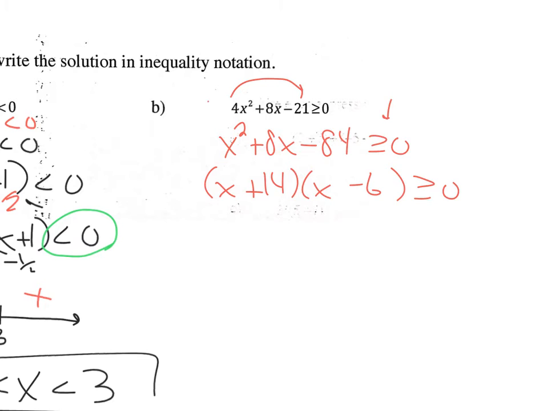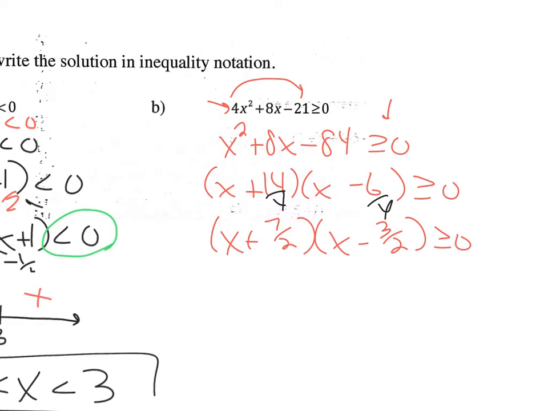But don't forget the 4 here. We've got to divide by the 4. So I'm dividing that by 4 and that by 4. Now one thing about dividing is that they don't divide, but they do simplify. That's going to be 7 over 2. This is going to be 3 over 2. Slide the 2. 2x plus 7, 2x minus 3.